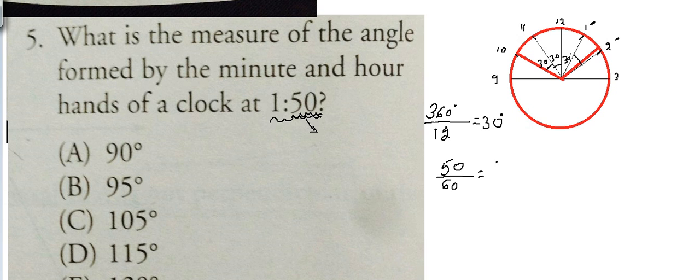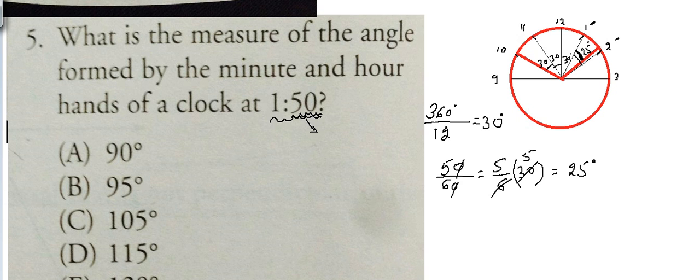So what is the angle for 5 over 6? It's not 30 degrees, it's 5 over 6 of the 30. 30 divided by 6 is 5, so we have 25 degrees. So the angle from 1 to this arm of the clock, the red arm, is 25 degrees.